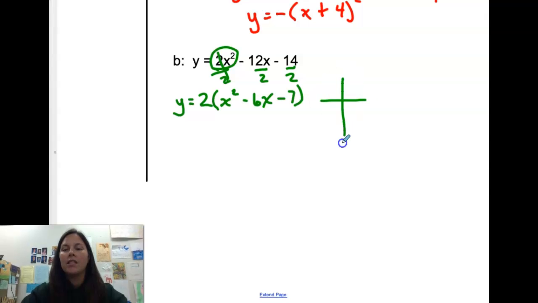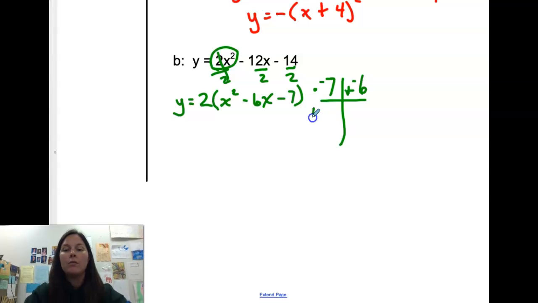Now I can set up my T-chart with what's inside the parentheses. I'm multiplying to the constant of -7 and adding to the coefficient of x, which is a -6. So what two numbers multiply to -7 and add to -6?